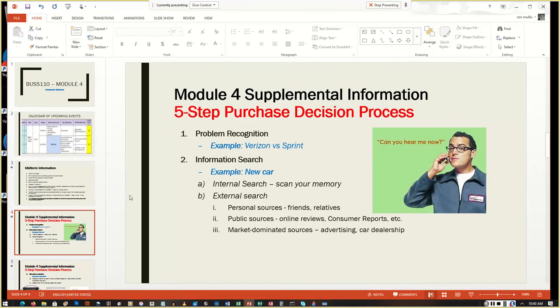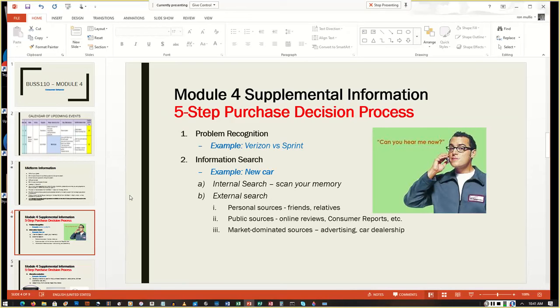So as you can see on this slide, we're going to be discussing cell phones. And as I stated, the first step is the problem and need recognition step. During this step of the purchasing process, a problem or a need has to be recognized.